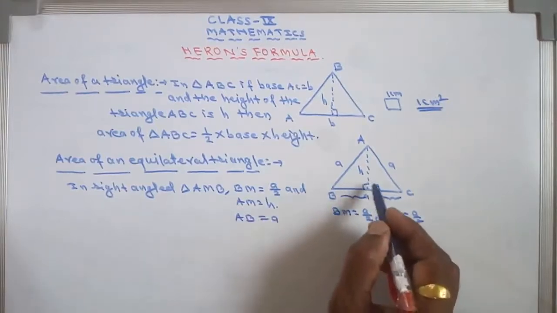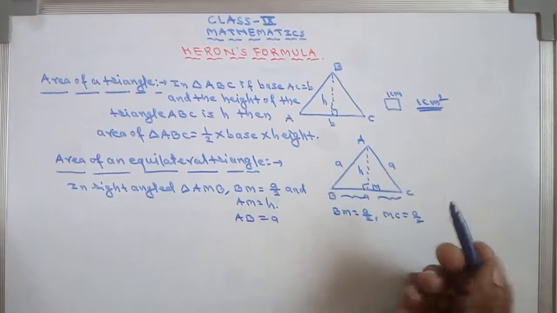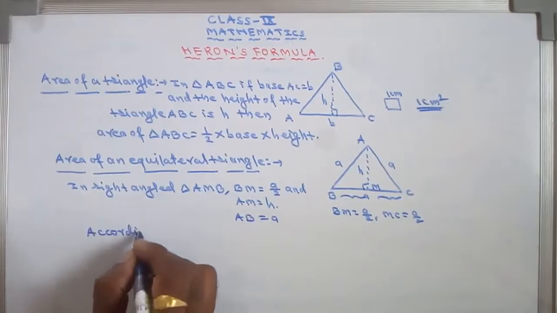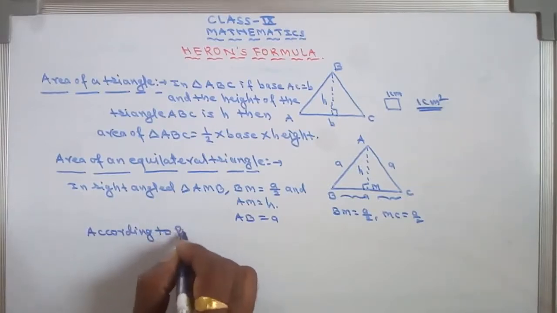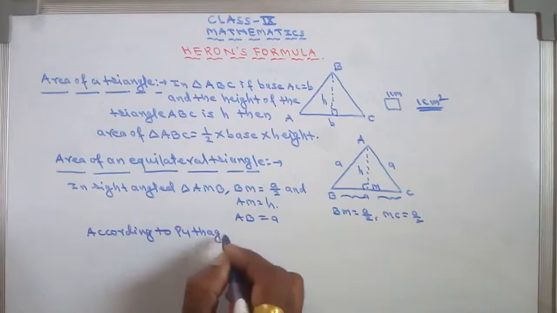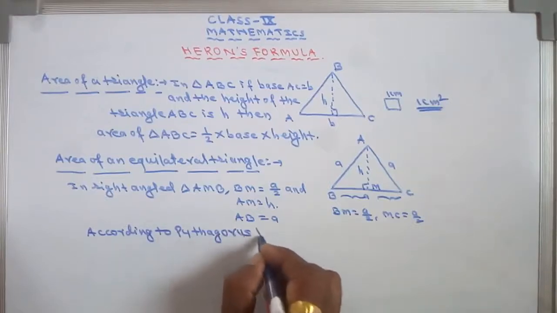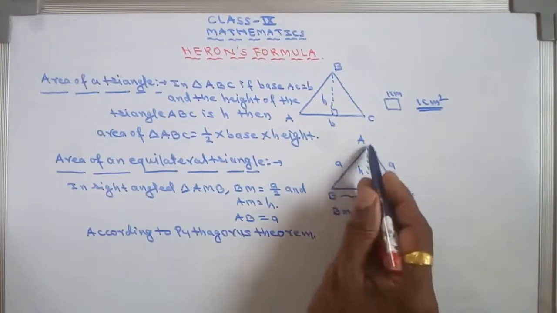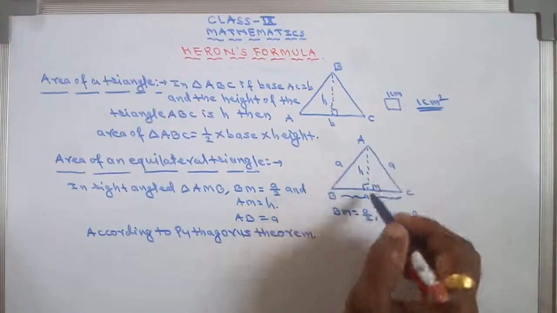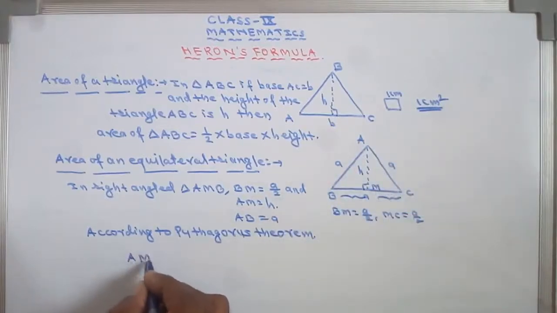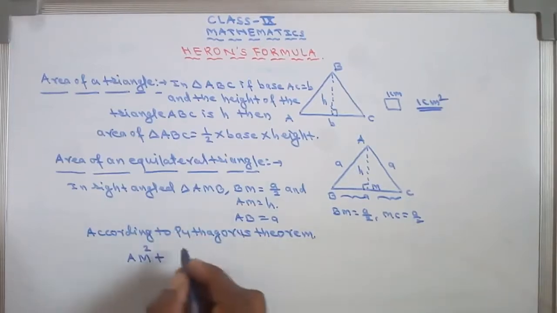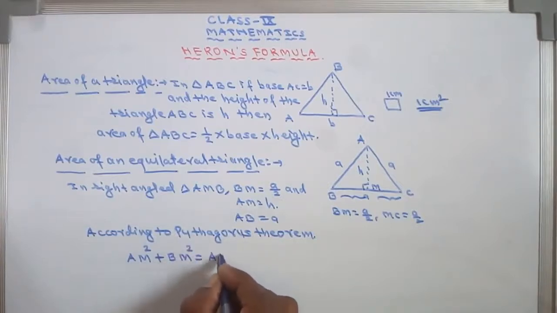So according to Pythagoras theorem, let us find out what h is. Here this is the right angle and this will be the hypotenuse. I am talking about triangle AMB. AM square plus BM square will be equal to AB square.